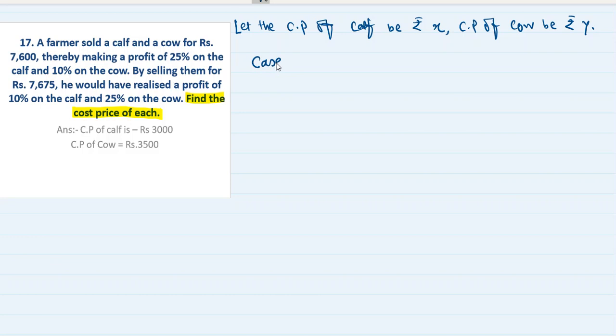See, case 1, let me write it like this. Case 1. In case 1, he made a profit of 25% on the calf. So what will be the selling price of calf?